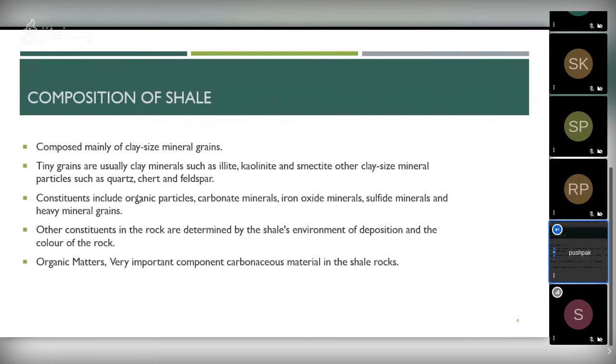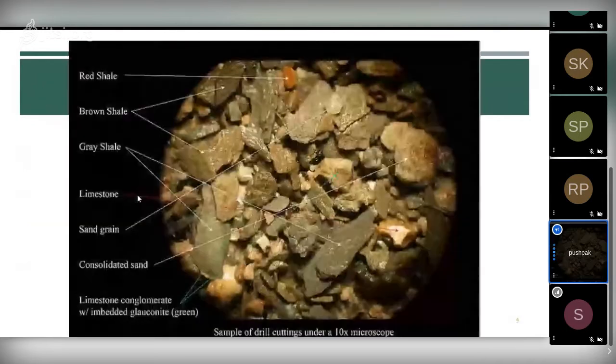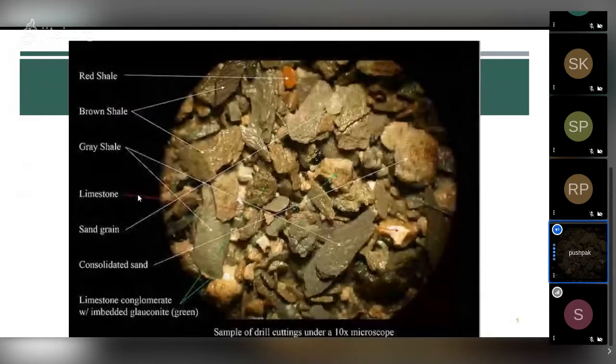Black or gray shales result from the presence of greater than 1% carbonaceous material and indicate a reducing environment, while red, brown, and green colors are indicative of ferric oxide, iron hydroxide, and micaceous minerals.